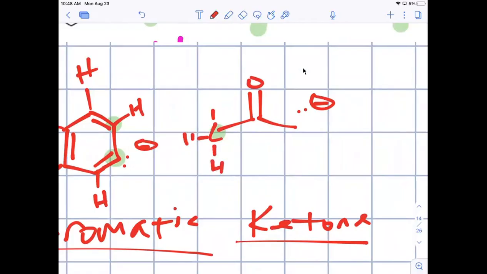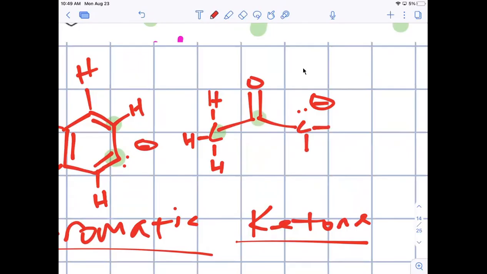What about the one here with a pi bond to it? 0. None. Good. No hydrogens. And then over here, this is a carbon. How many hydrogens should be on that carbon? It has a lone pair. It has 1 bond to it on one side. How many hydrogens does it need? 1.